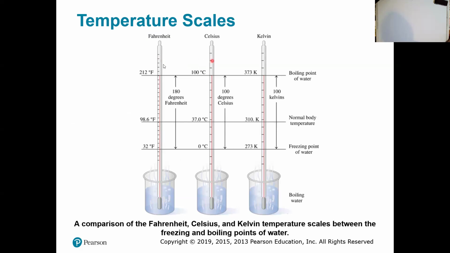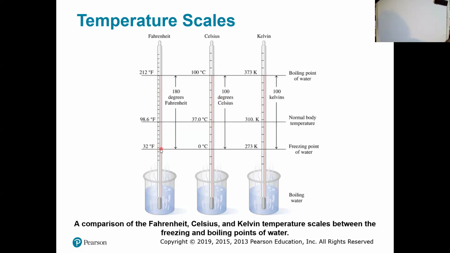Fahrenheit versus Celsius first. Focus on these two right now. You'll notice that the marks on the Fahrenheit scale are closer together than the marks on the Celsius scale or even on the Kelvin scale. That's because the degree size of the Fahrenheit degree is smaller than the degree size for Celsius.